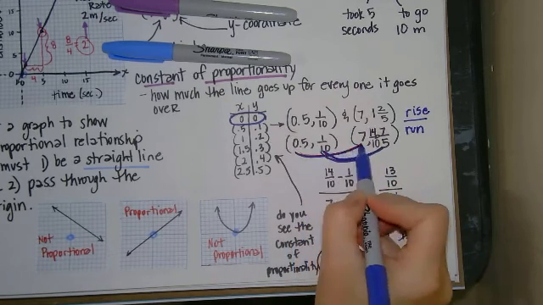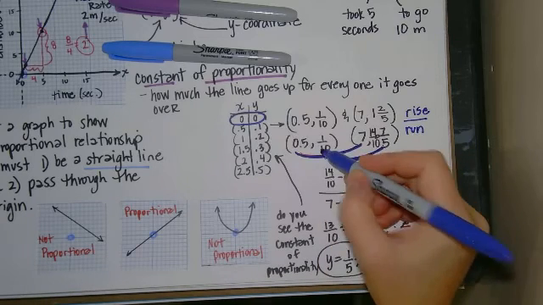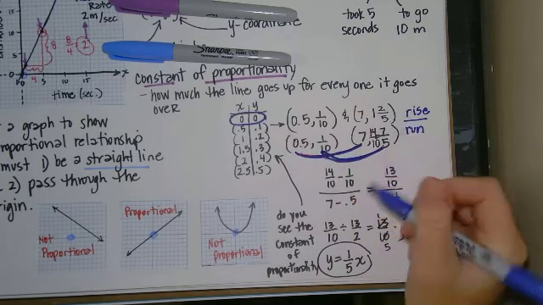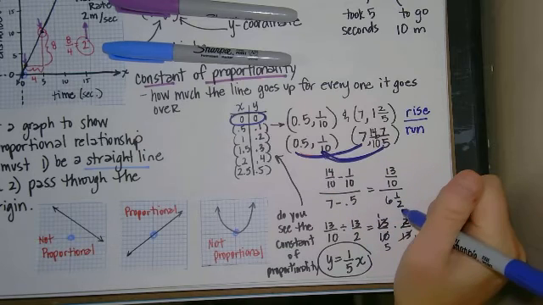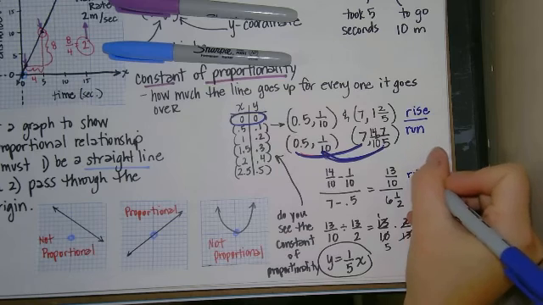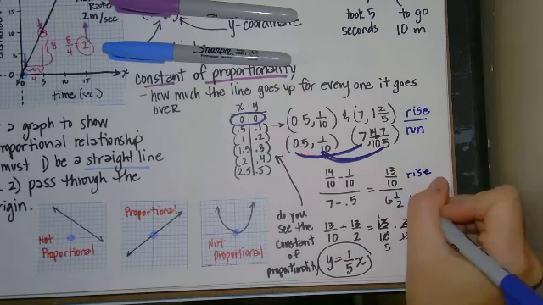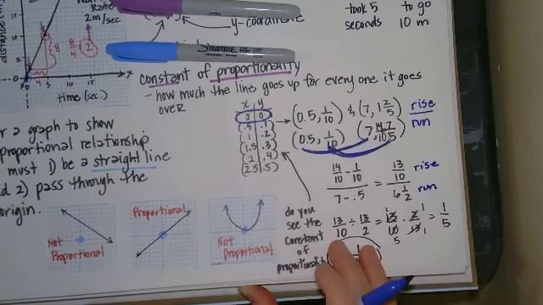And then I'm going to divide that by the distance between my x's. The distance between my y's are here, and the distance between my x's are here. So 7 and 0.5 or a half are 6.5 apart. So I'm looking at 13/10 over, that's my rise, over 6.5, and that's my run.